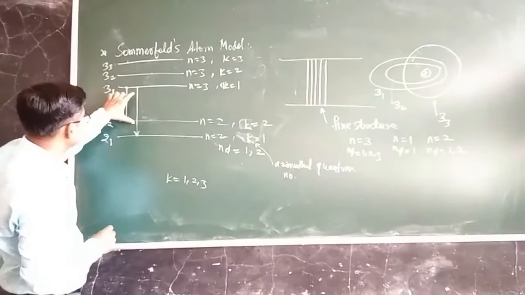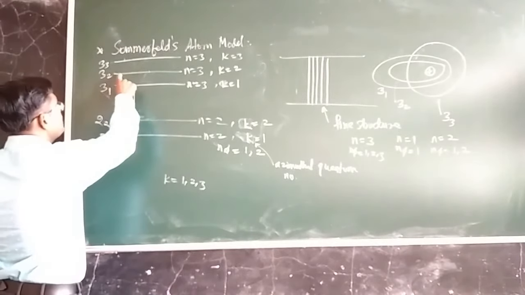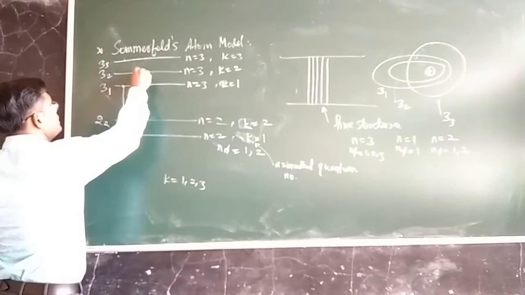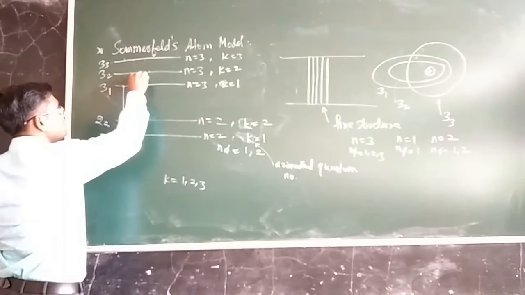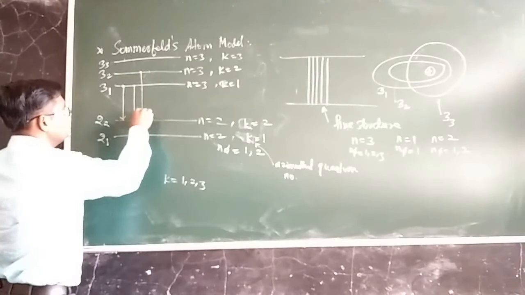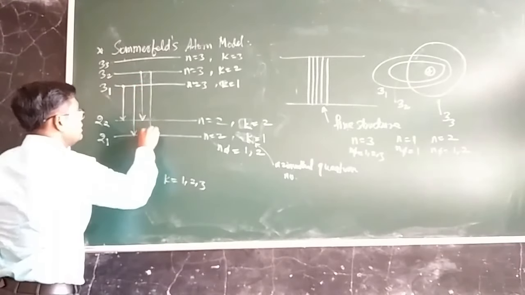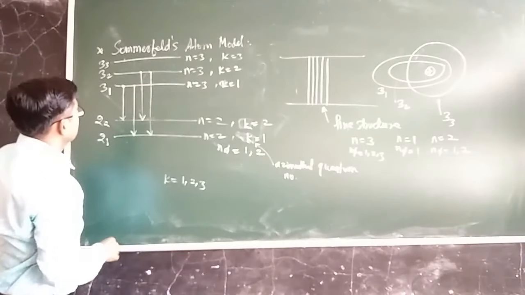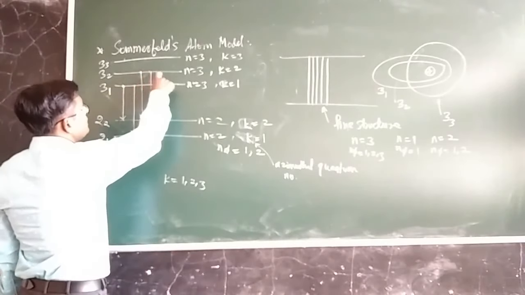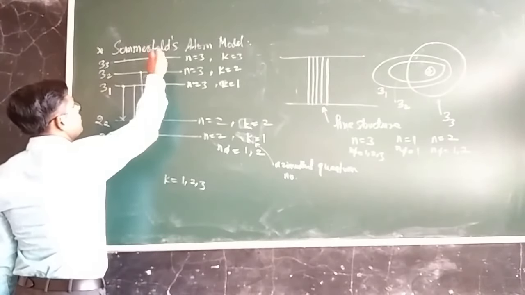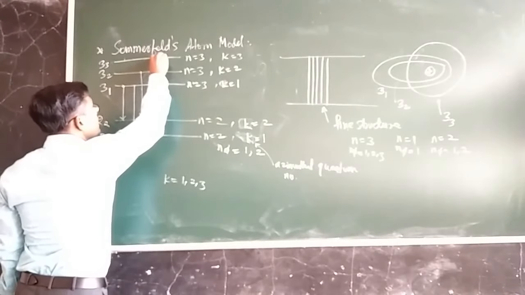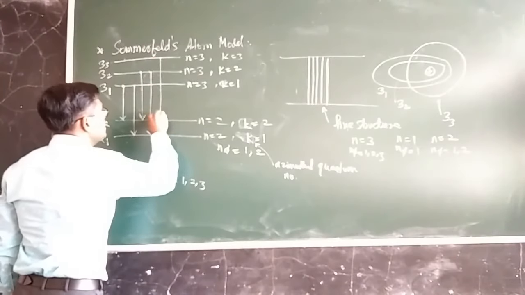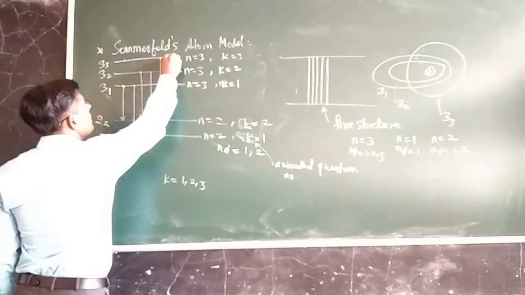Suppose the electron is at this particular level, then from this level also, which transitions are possible? It can make a transition over here, and it can make a transition over here also. Suppose the electron is not in this level but in this other level, then from here also the electron can make a transition to this level, and from here also.